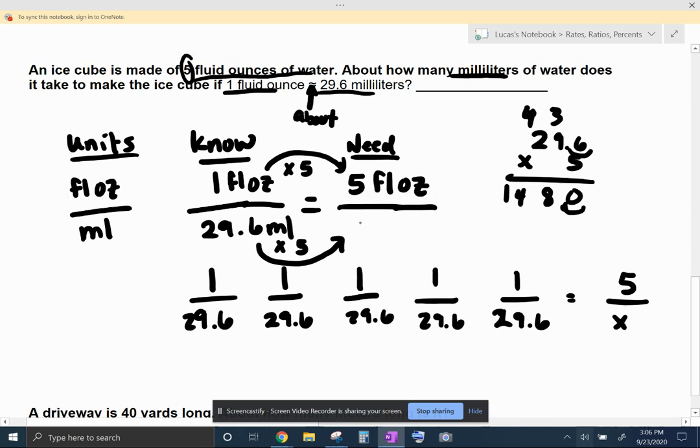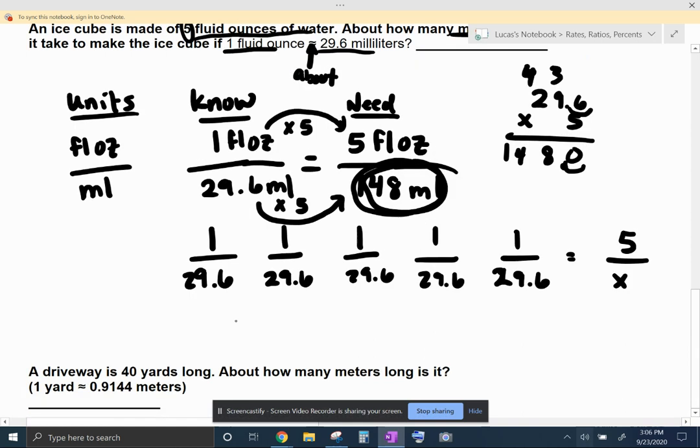So 5 fluid ounces is going to be 148 milliliters. Okay, let's move on to the next one.